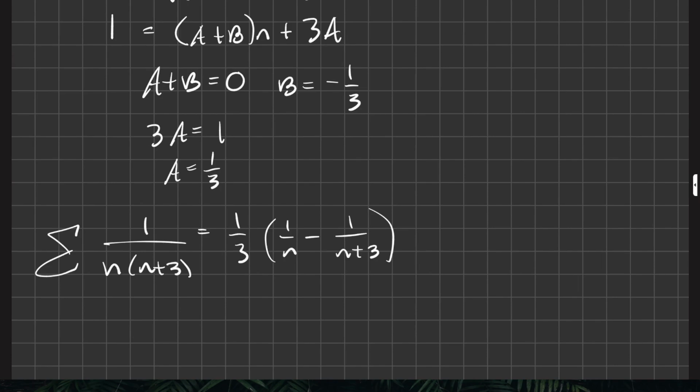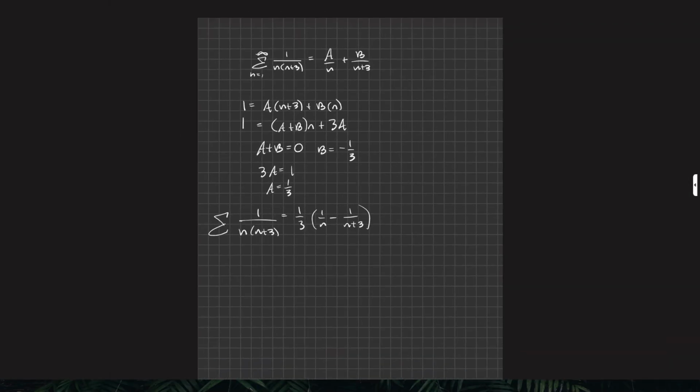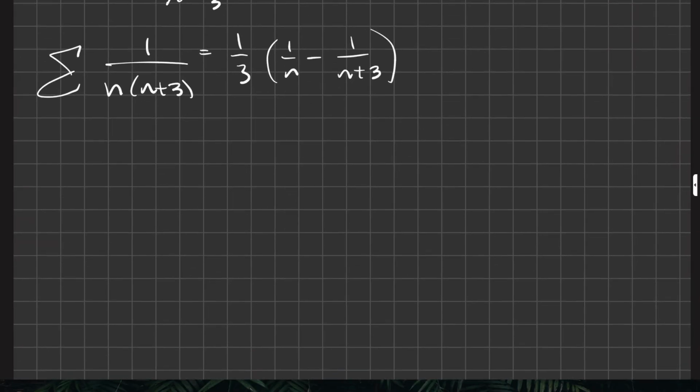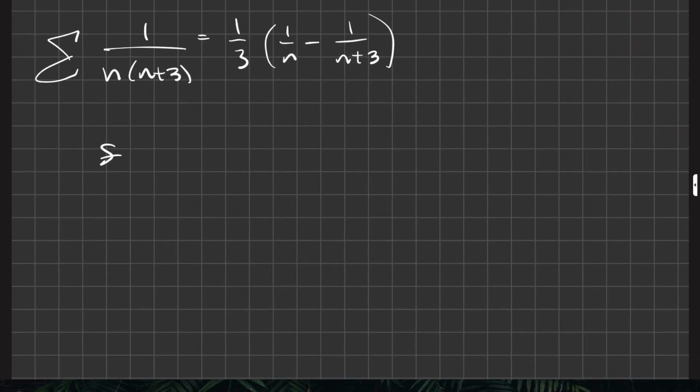So geometric series and telescoping series are two series that have known sums if we can find their partial sums. So again, the process is we set up our partial sum. This is a sum from little n equals 1 to big N of, in this case, I want that 1/3 out in front. We're going to put it in our simplified form. So this will be 1 over n minus 1 over n plus 3.